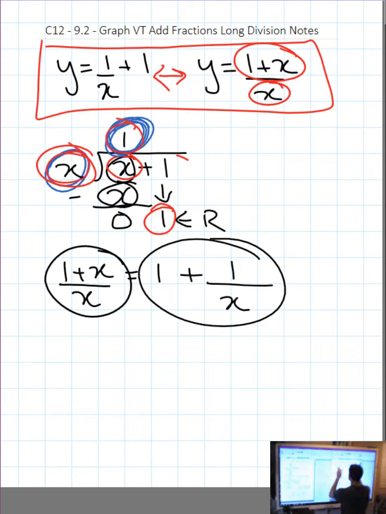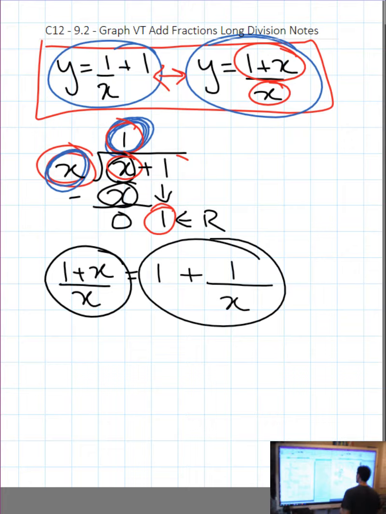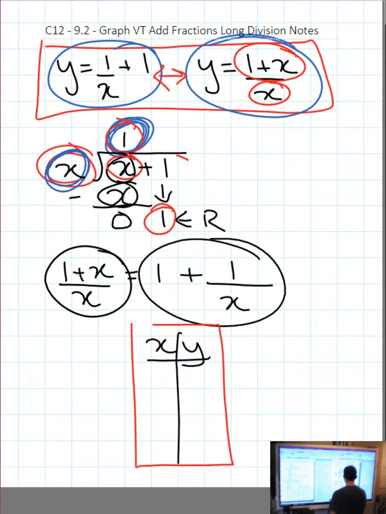So we can see both of these different forms, and we have to be able to either add and subtract fractions or do long division, depending on the type of graph. And outside of that, if you're ever stuck, we can always graph with a table of values. Never forget that, because so many times we forget all the different methods, and all we ever have to do is choose x values and figure out what the y value is.